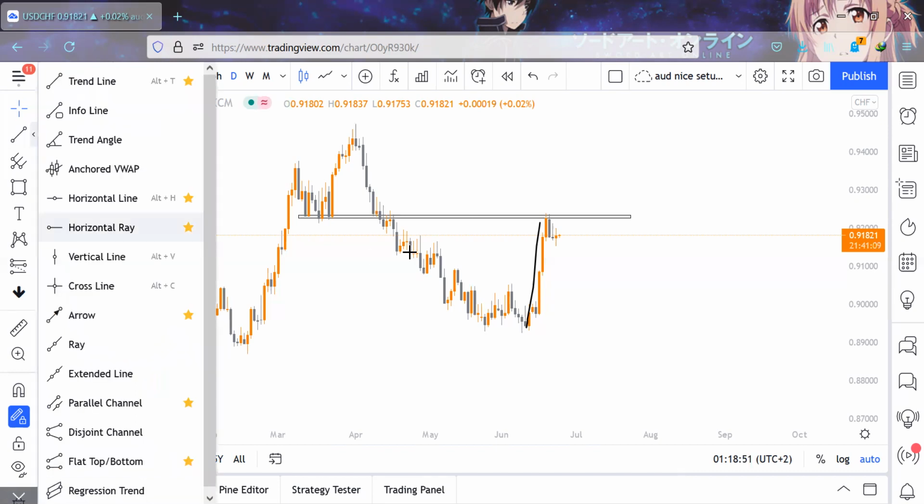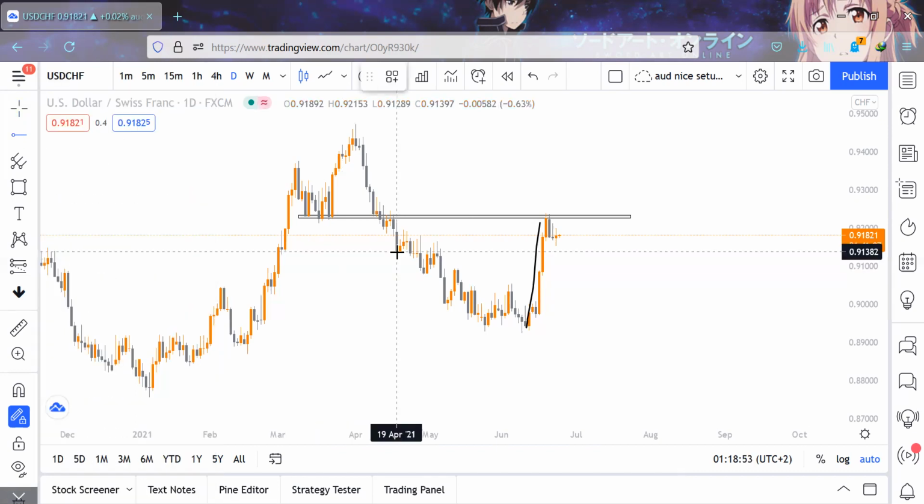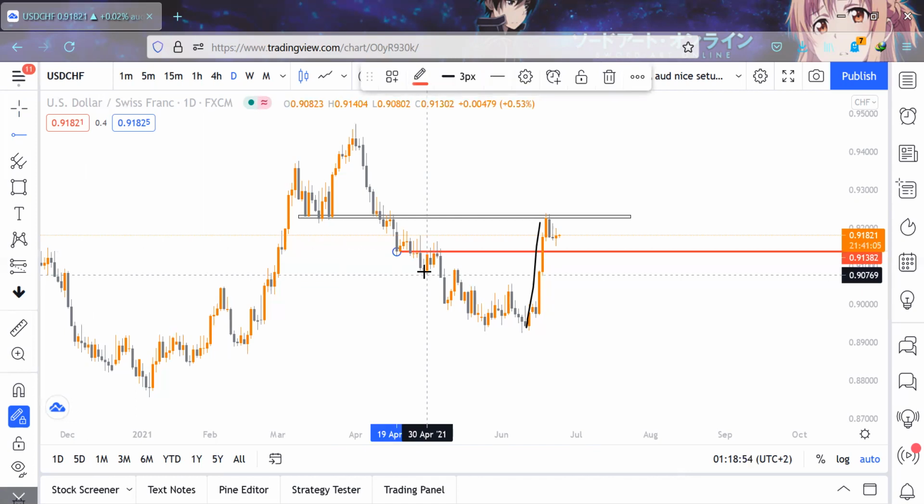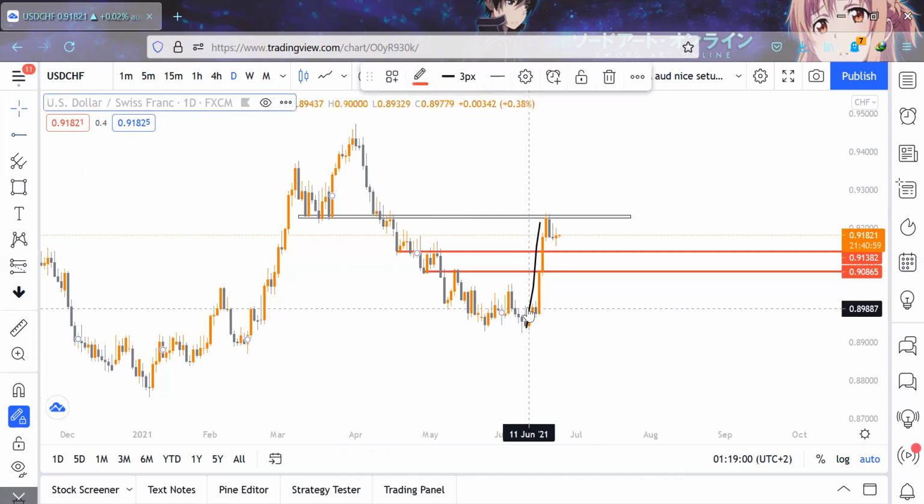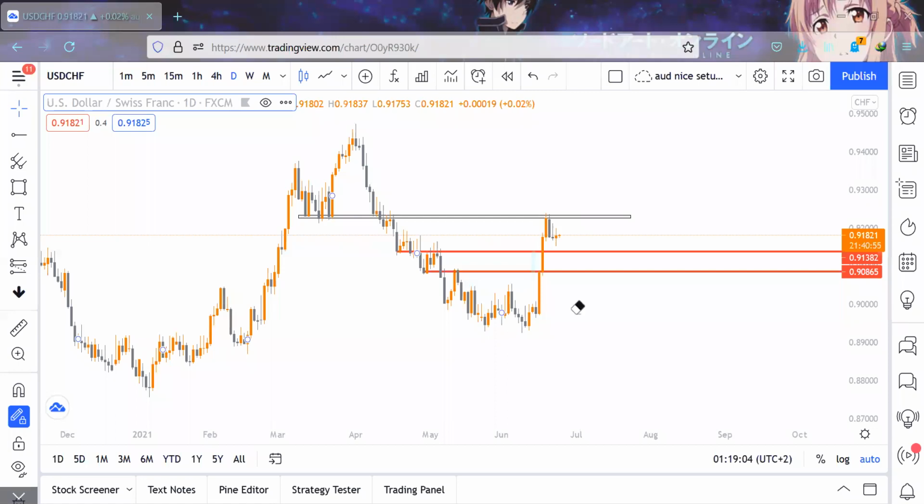Now we can see that the market has broken previous levels here, which tells us that the market might no longer be in a downtrend, right? So the question is, how are you going to enter this kind of a setup, right?